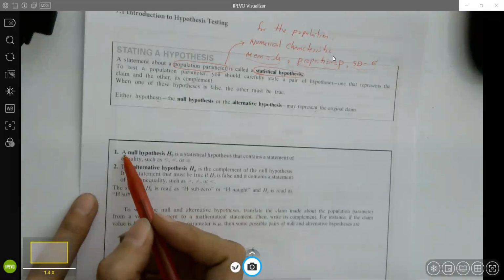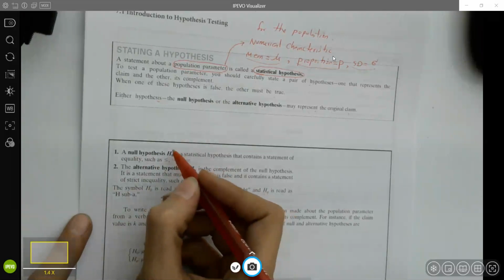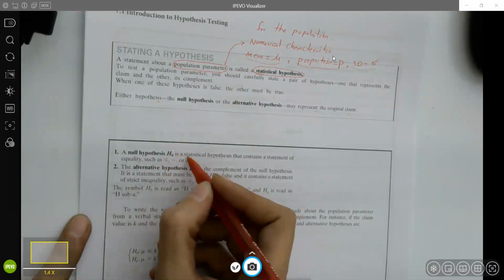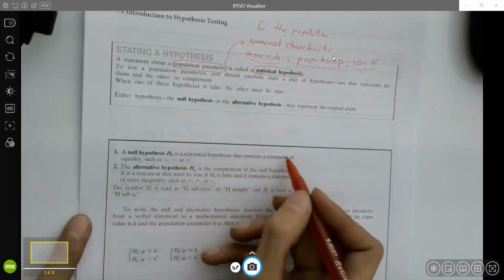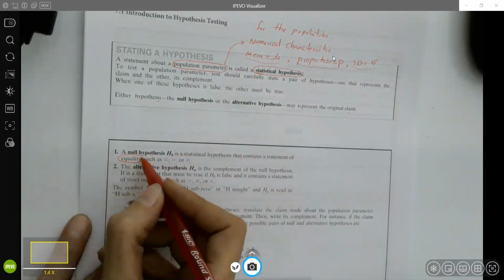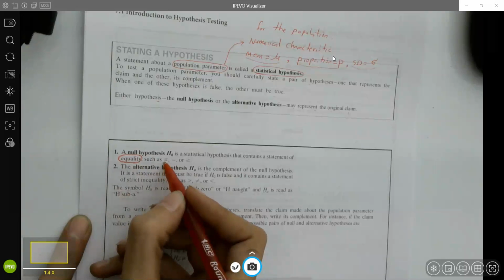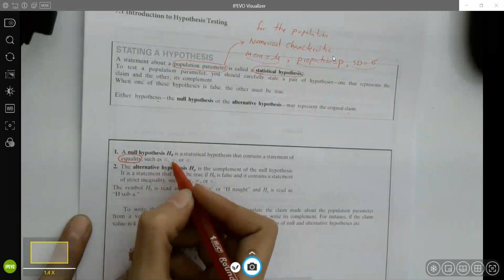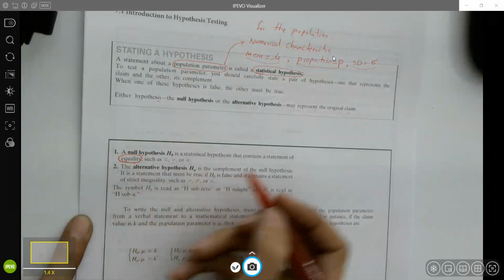So, a null hypothesis, which is denoted by H sub 0, is a statistical hypothesis that contains a statement of equality, such as less than or equal to, or greater than or equal to.